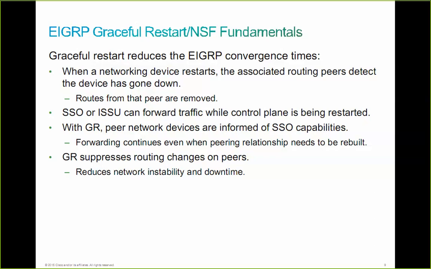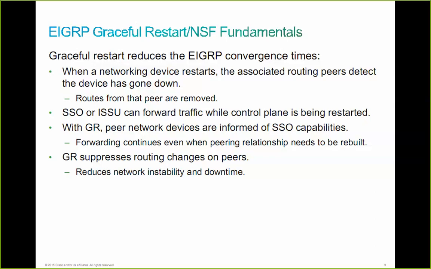The peer networking devices get informed via protocol extensions that the SSO-capable router's ability to perform Graceful Restart is an option. So each route processor, each device knows that it's capable of performing that Graceful Restart function so that it can understand that messaging that occurs between the two different devices for the Graceful Restart function.